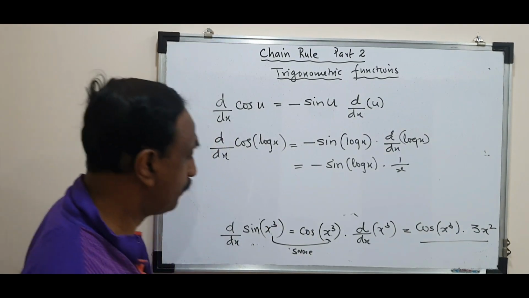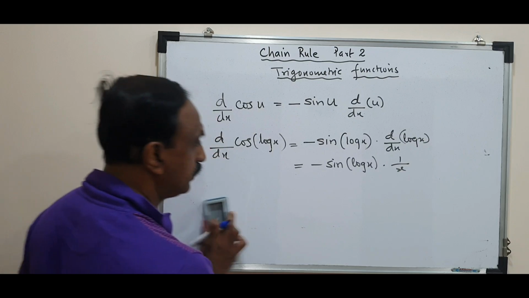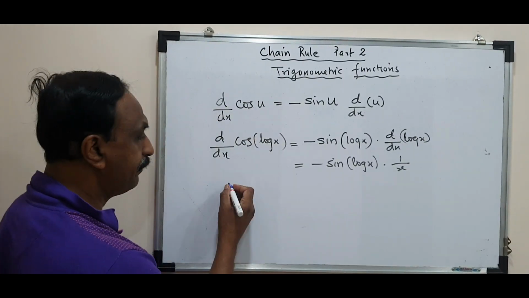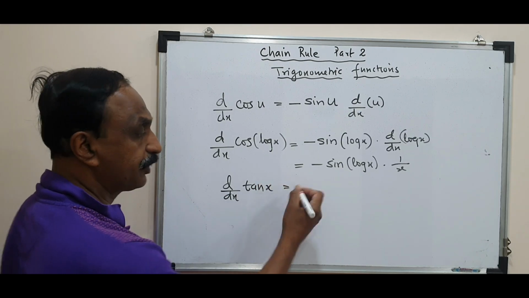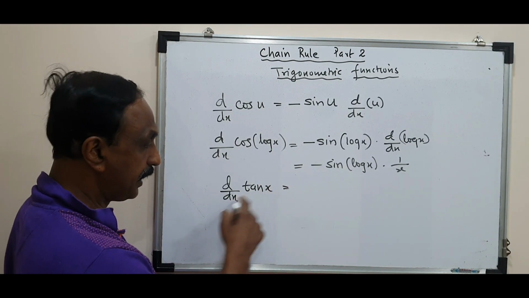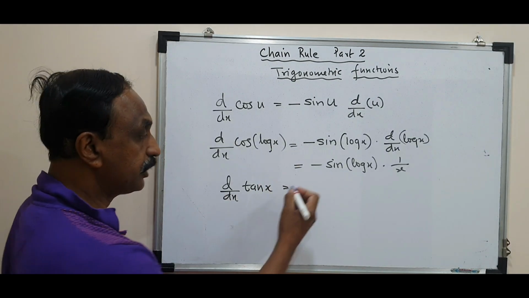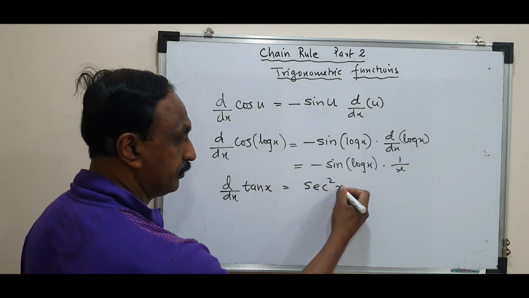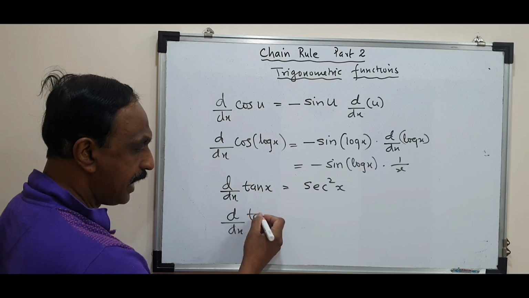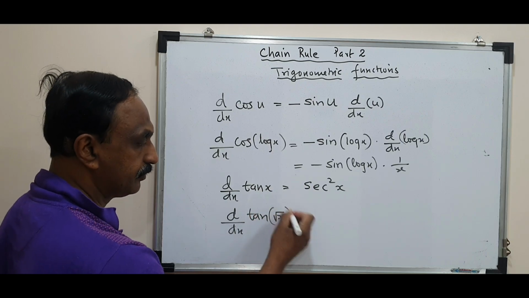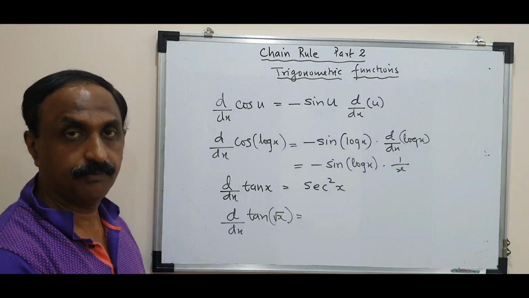So let's see another example. Let's say I want to find, just recap first, derivative of tan x. What is the derivative of tan x? Both are same. Tan x changes to sec square x. So what will be the derivative of tan of root x? What is the angle part here? Root x.